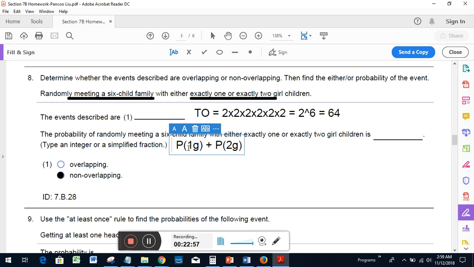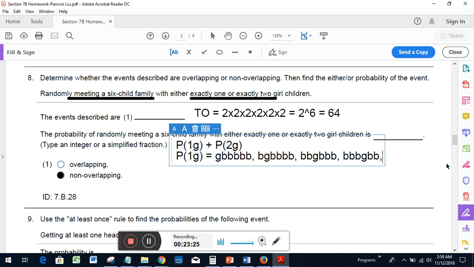So for the first event of 1 girl, so probability of 1 girl, we have basically the first child being a girl and the rest being boys, second child being a girl and the rest being boys, third child being a girl and the rest being boys, fourth child being a girl and the rest being boys, fifth child being a girl and the rest being boys, and last but not least, the 6th child being a girl.